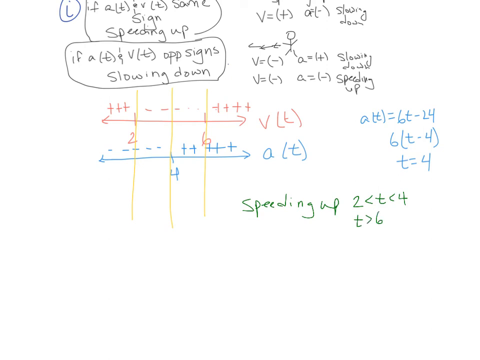I am slowing down when they are opposite signs, and that was when t is less than 2, and then opposite signs when t was between 4 and 6.